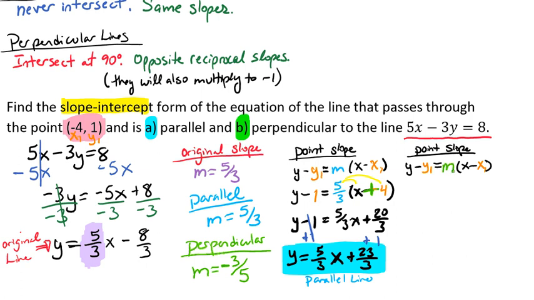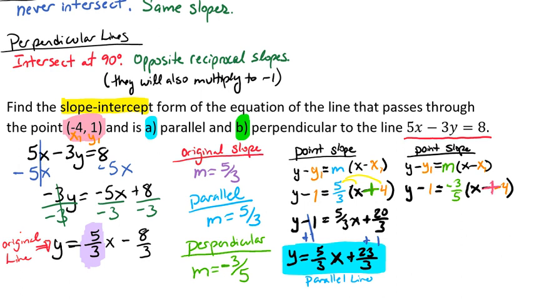So let's go ahead and plug in the things that we have. So we can say y minus 1 equals a negative 3/5 times x minus negative 4. Now we have that double negative, so we know that we can add those together.